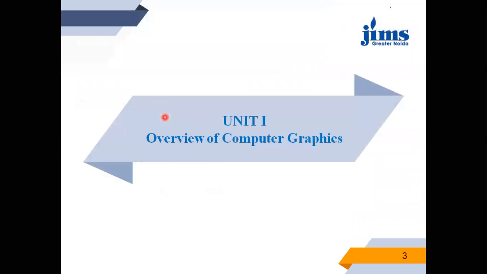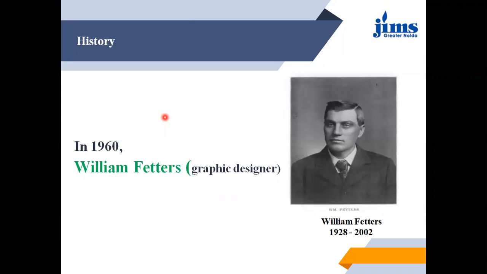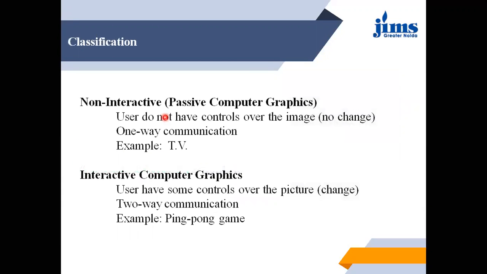Today we discussed the overview of computer graphics, that is, what is computer graphics. Computer graphics is the creation, operation and presentation of an object using any technology. This came into existence in 1960 by William Fetter. Then these are of two types, passive and active, or non-interactive as well as interactive.